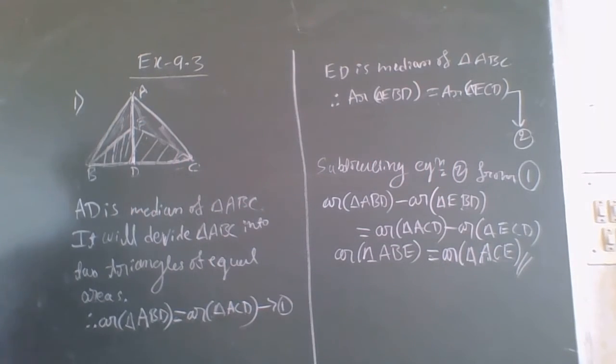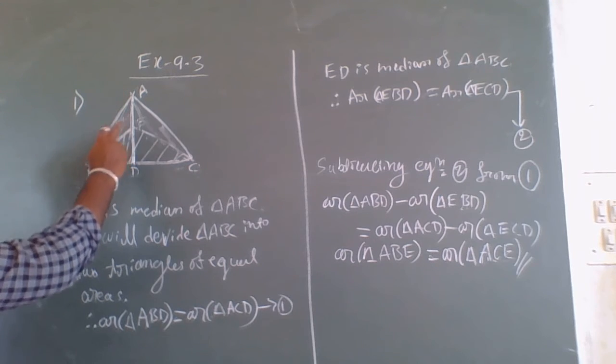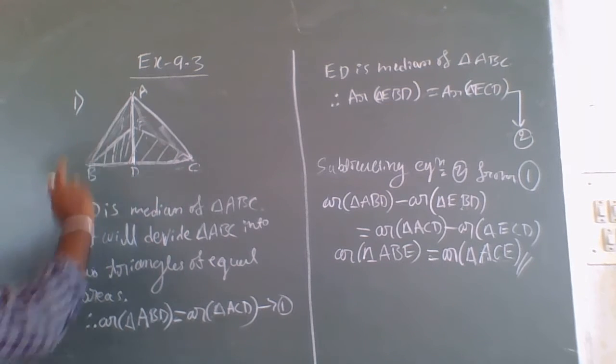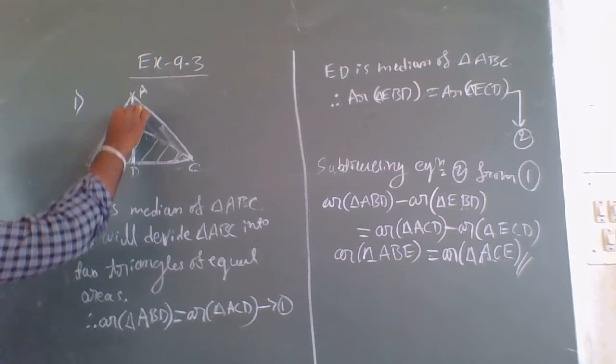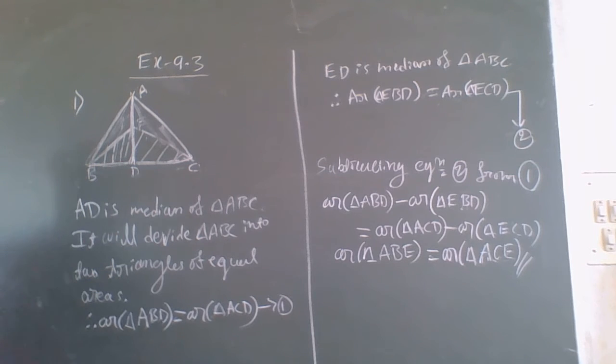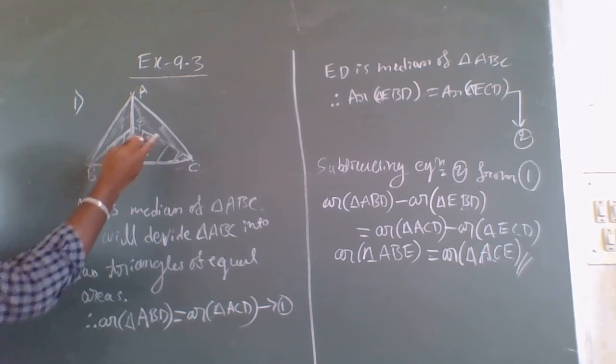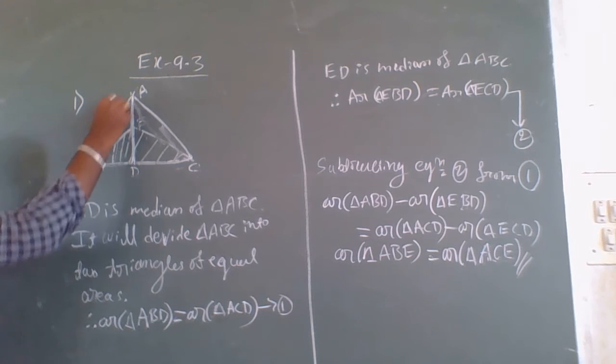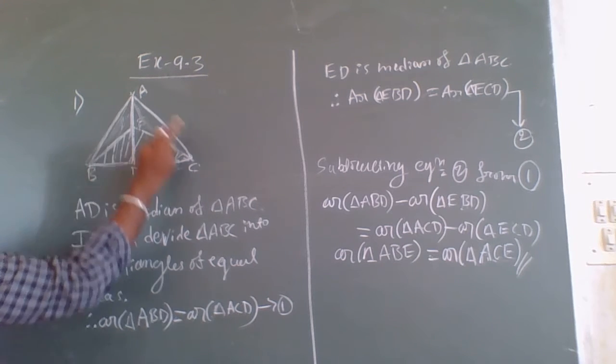Hence we proved area of triangle ABE equals area of triangle ACE. How to prove this? They have given that AD is median, then this divides triangle ABC into two triangles equal in area. Therefore, area of triangle ABD equals area of triangle ACD.